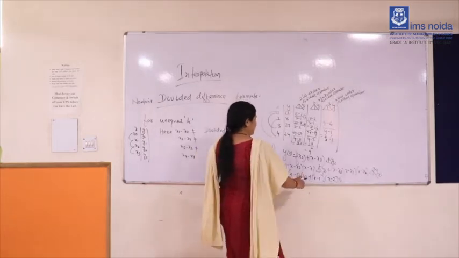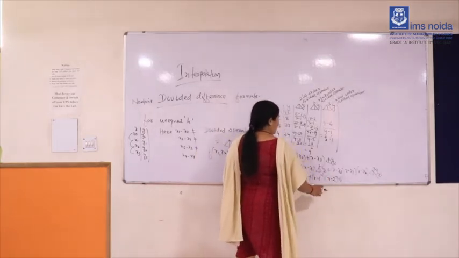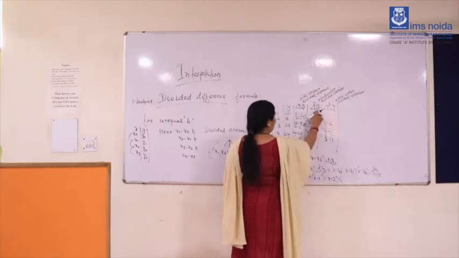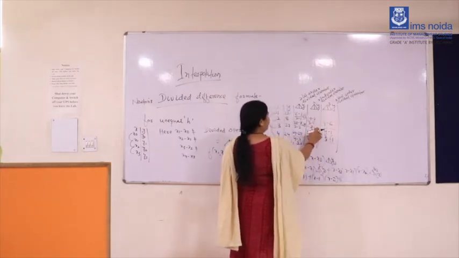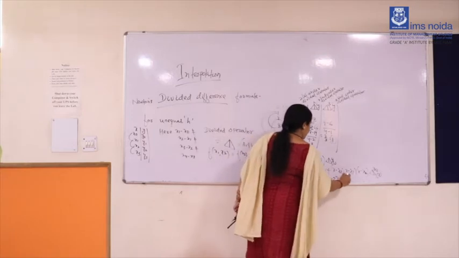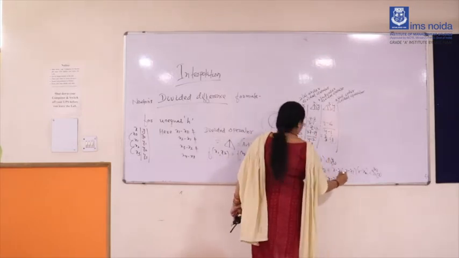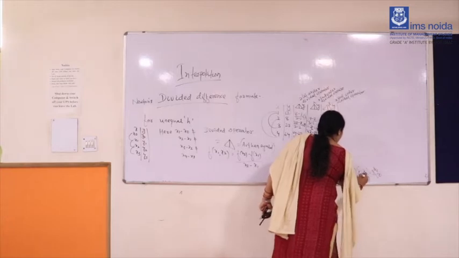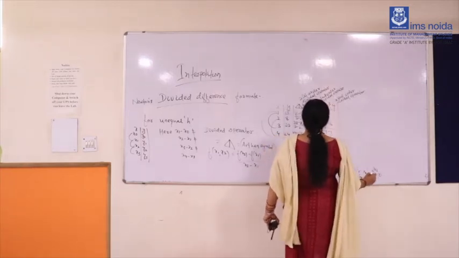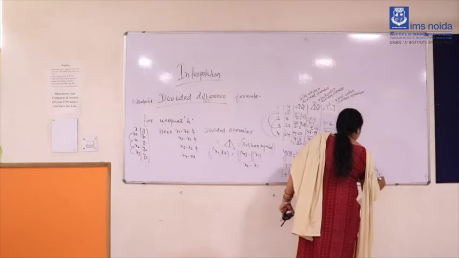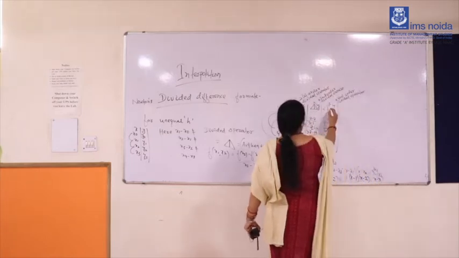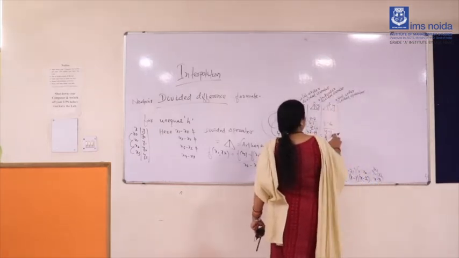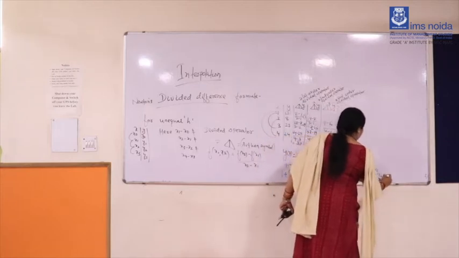So (x minus 1)(x minus 2) into the second order divided operator, the first value you are getting is 6, then (x minus 1)(x minus 2)(x minus 3) into the third operator, the last column, you can see the third operator value is 1.